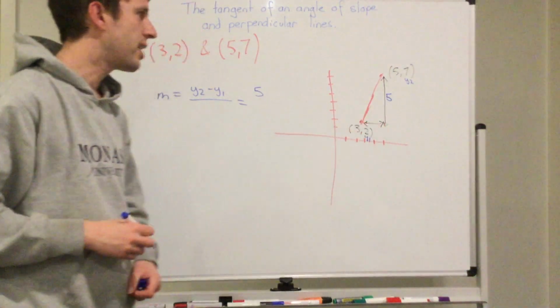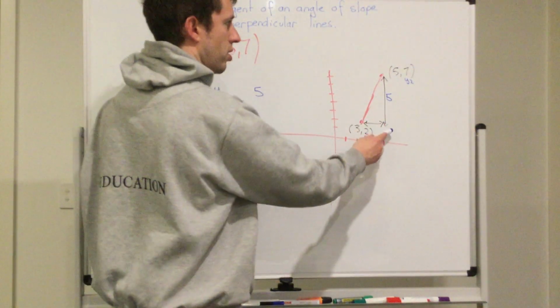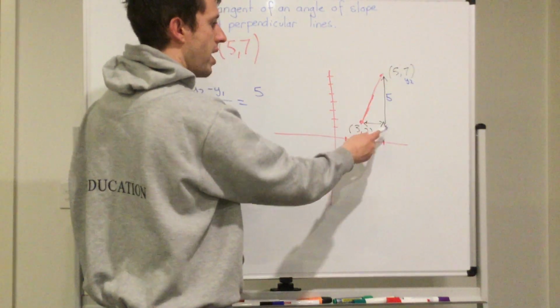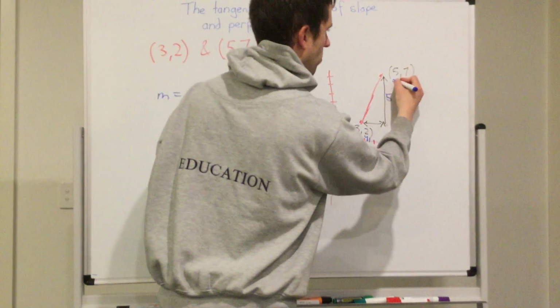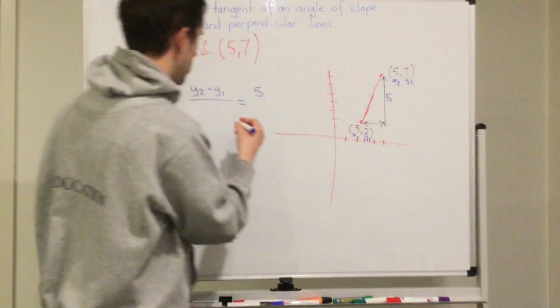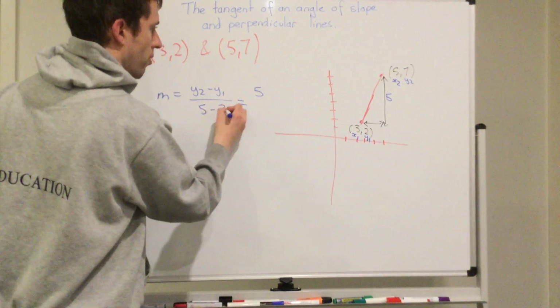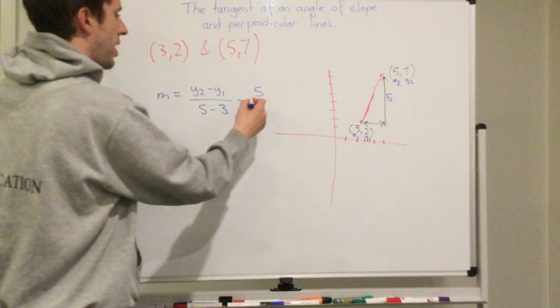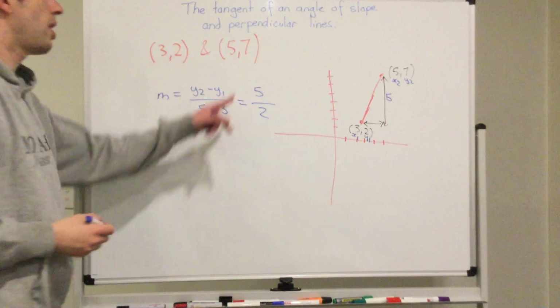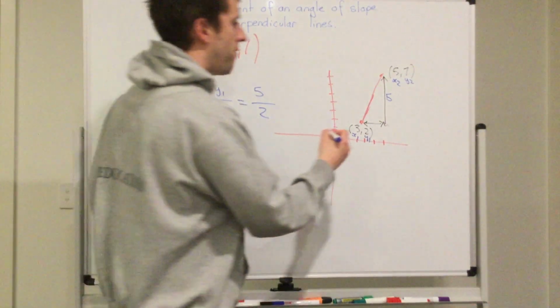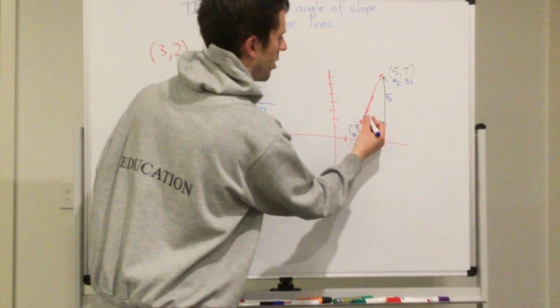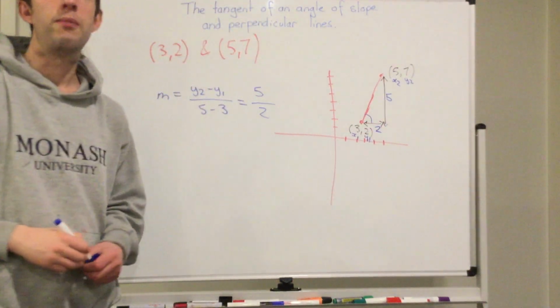Then to find the x-axis, I go x2, which is 5, take x1, so 5 take 3 equals 2. So I found the gradient, but I've also found 2 sides for my triangle.